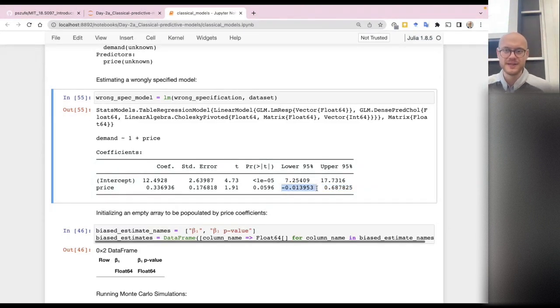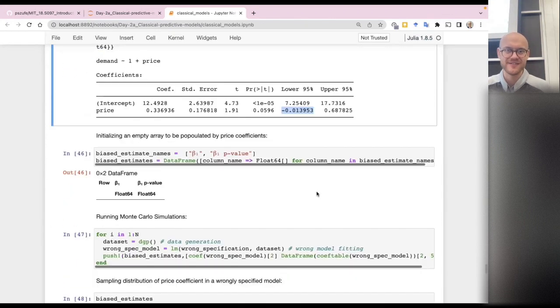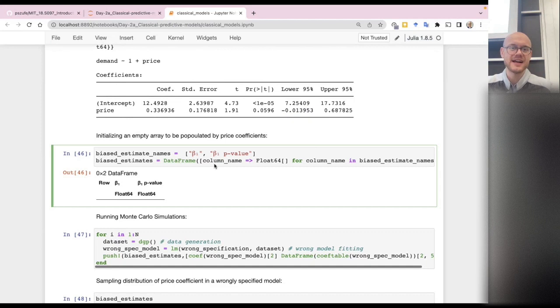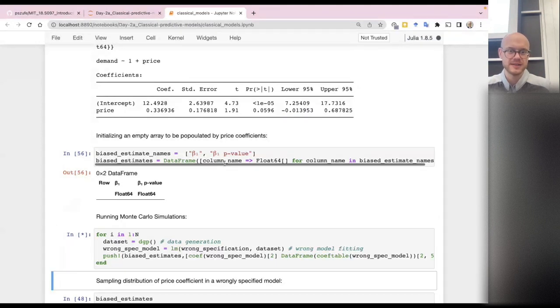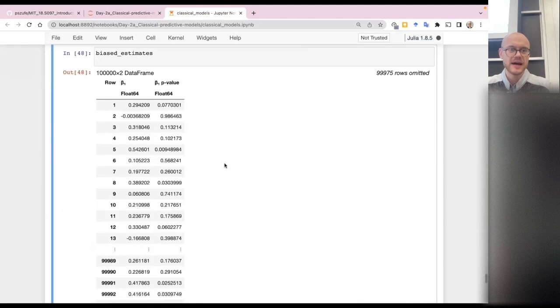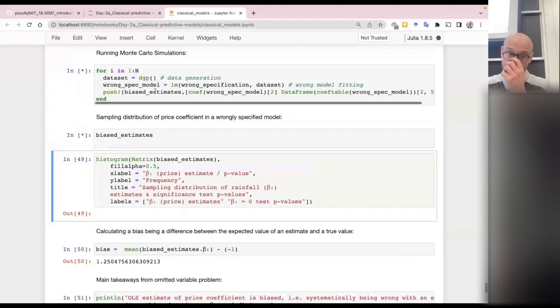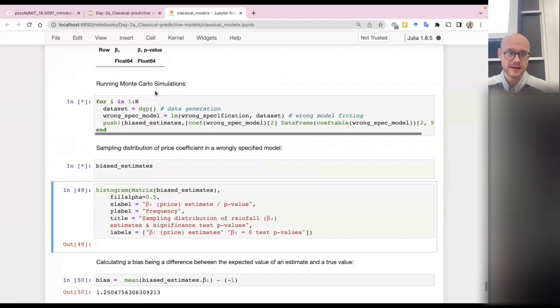So even if it would be negative, still it's not enough. So let's also run these Monte Carlo simulations in the same way as we did before, but this time having a wrong specification.